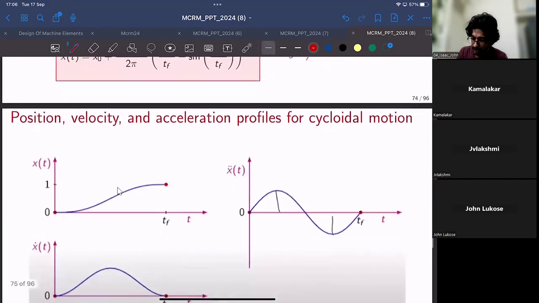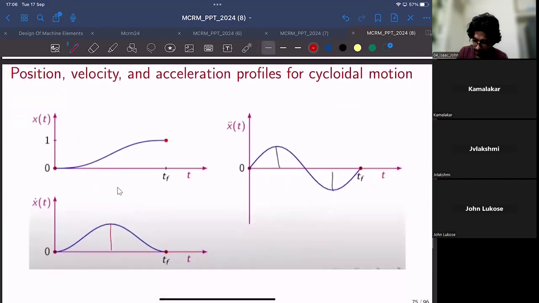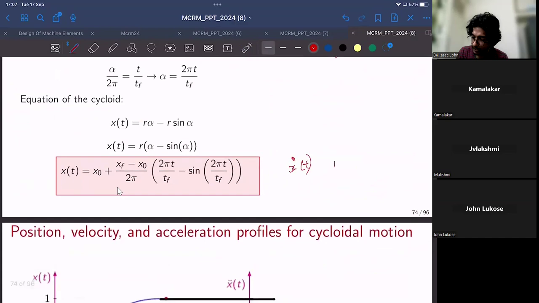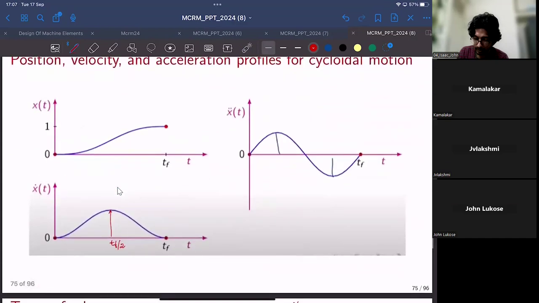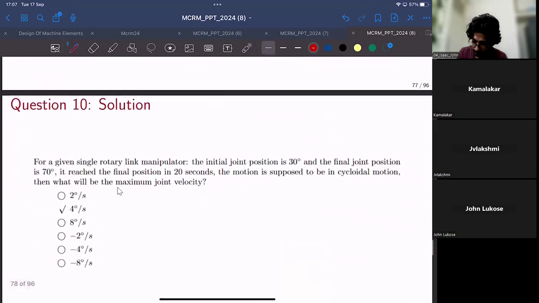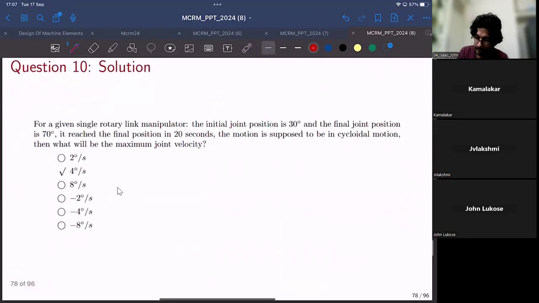And the maximum velocity, as you can see, occurs somewhere around the midpoint, actually, tf by 2. So in this expression, if you substitute t as tf by 2, you will be able to obtain the maximum velocity. That is what you can do. So once you do that, you will be able to obtain the answer as 4 degrees per second for these sort of questions.